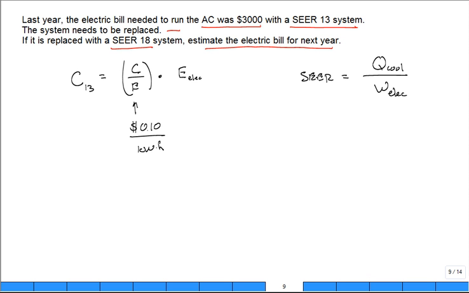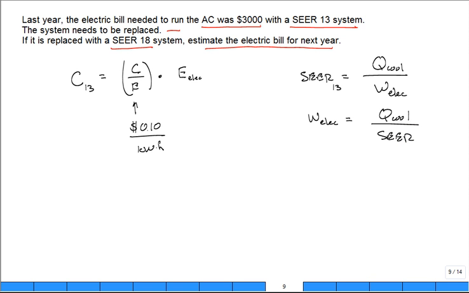So let's say this SEER, I'm going to subscript this. Like for a 13, we know then that ratio is 13. So I can say that the work, or how much electricity was needed to be provided, that's how much I had to go purchase from CPS, is equal to how much cooling was needed divided by the SEER number of the unit that provided that cooling.